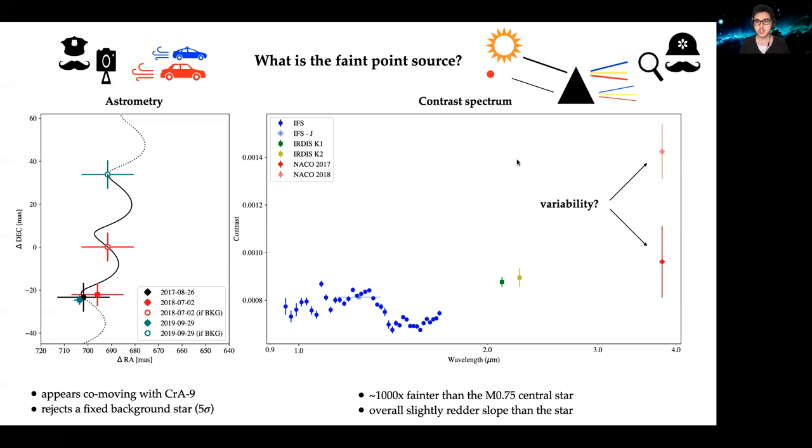At this stage, what we want is to convert the contrast spectrum into a flux spectrum to infer more properties regarding the point source. For that, we need to multiply the contrast spectrum by the spectrum of the star. Unfortunately, there is no calibrated spectrum of the star at these wavelengths, so we have to model it.